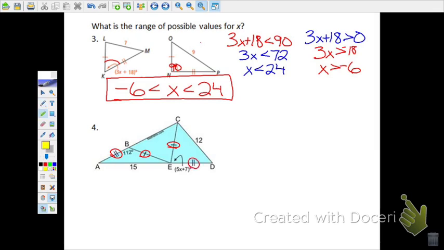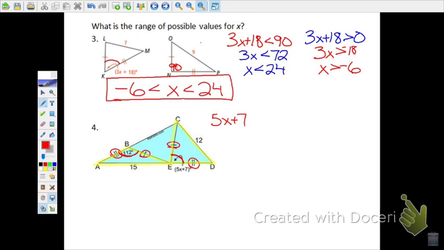So the 2 triangles I'm working with are triangle ABE and triangle EDC. I know the third sides. So my focus is on this 5x plus 7, because that's where my variable is. This angle needs to be compared with the 112.